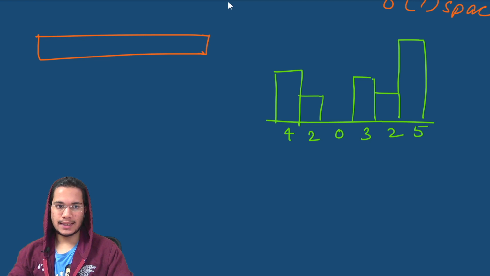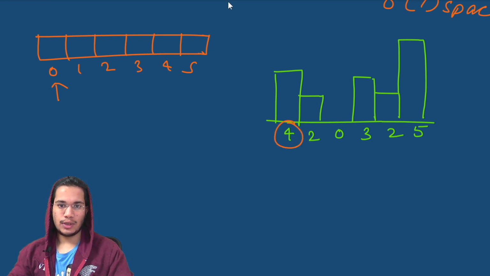So there are, I think, 6 buildings, so 0, 1, 2, 3, 4, 5 are the indices, and then these will be our heights of buildings. We can start with the first building. Now there's nothing to the left of building number 4, so the height of the tallest building to the left of 4, including 4, will be 4 itself.